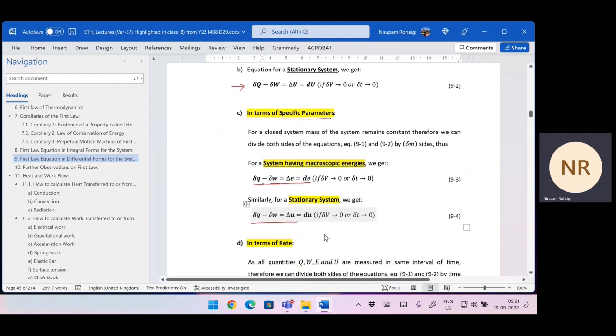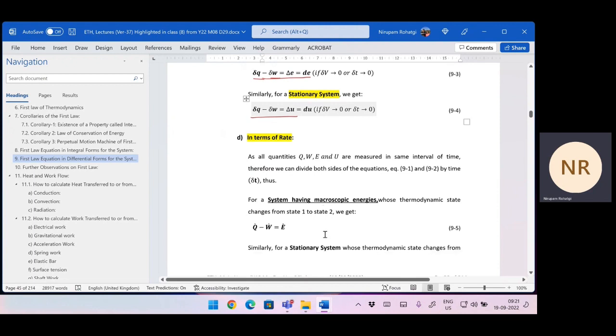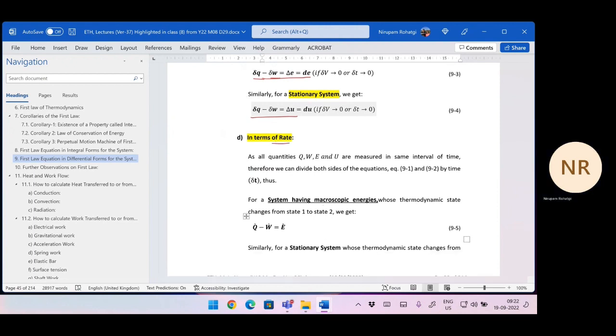And similarly, if you write it in terms of rate, it would be like this: Q dot minus W dot is equal to E dot.